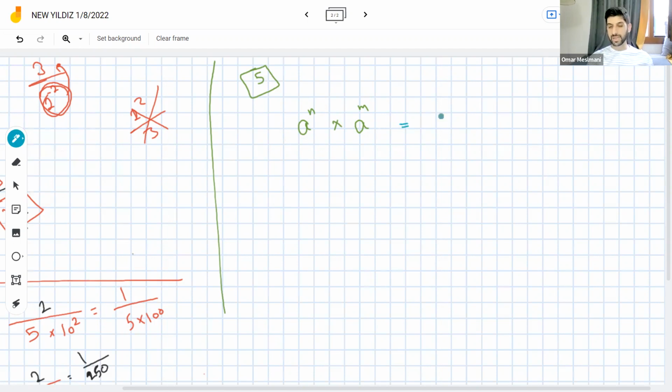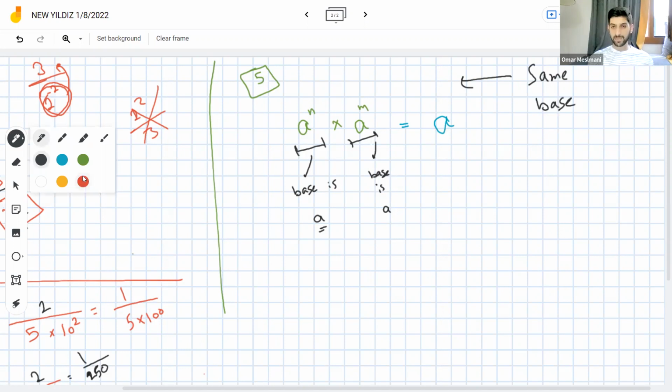Exactly. You just look at the same base. This is so important. The first exponent has the base a, and the second one also has the base a. So these two have the same base.